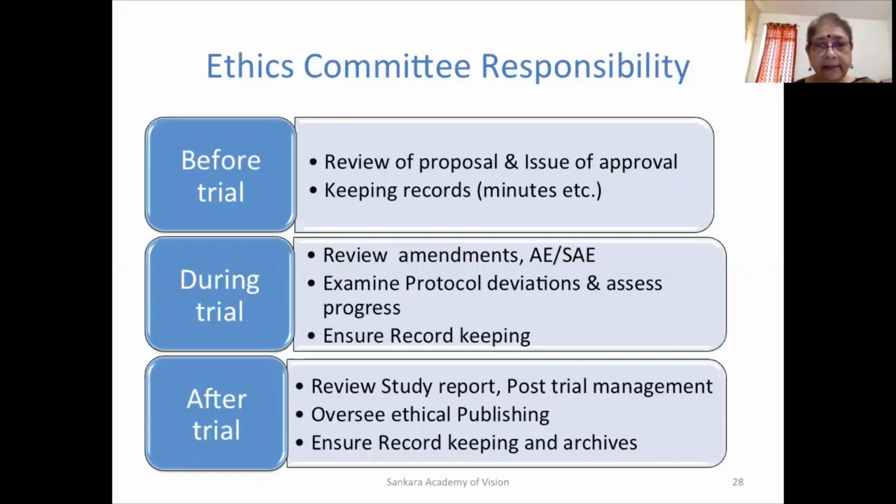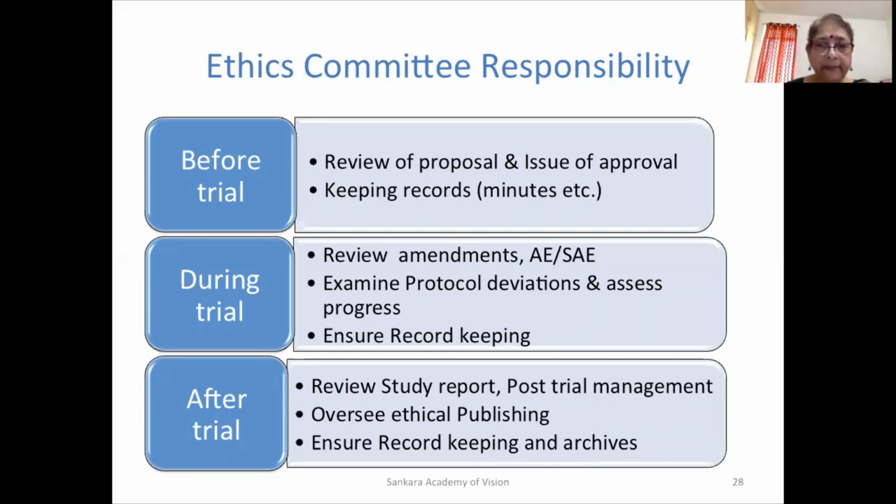During the trial, it should review whether the investigator is following the amendments that may have been made later, and also the reporting of adverse events and serious adverse events. Examine if there are any protocol deviations and assess the progress, because the number of protocol deviations causes an alert for the ethics committee to see whether they want to monitor that particular project or not.